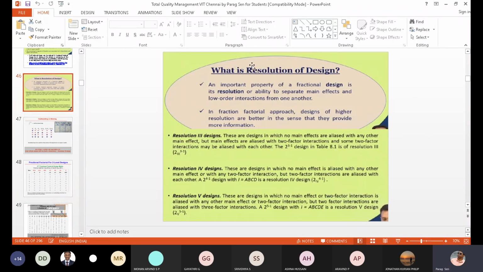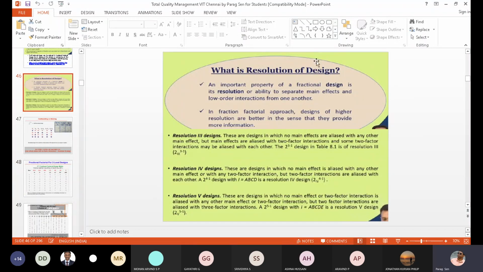So what is the resolution of design? An important property of a fractional design is its resolution, or ability to separate main effects and low order interactions from one another. In the fractional factorial approach, designs of higher resolutions are better in the sense that they provide more information.